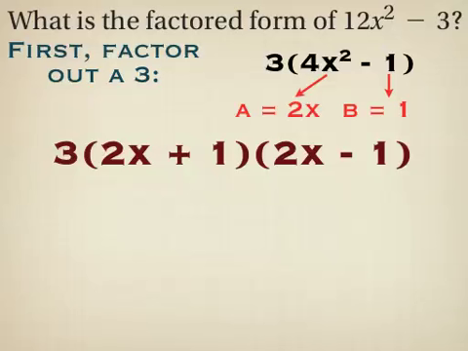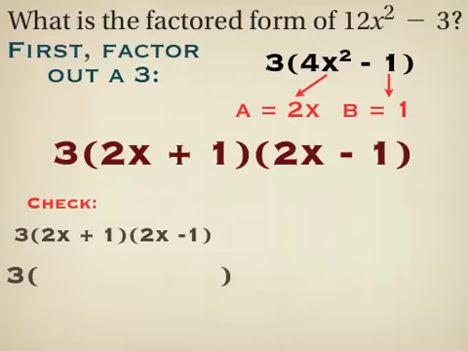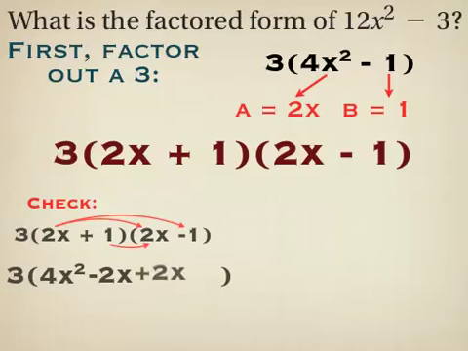To check this problem, I'm going to bring down my 3, and then I'm going to multiply my two binomials. So 2x times 2x is 4x squared. 2x times negative 1 is negative 2x. 1 times 2x is a positive 2x, and then 1 times negative 1 is negative 1.